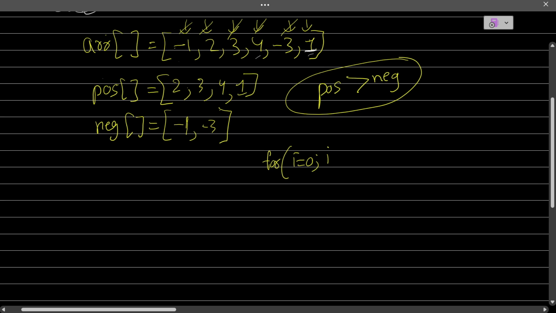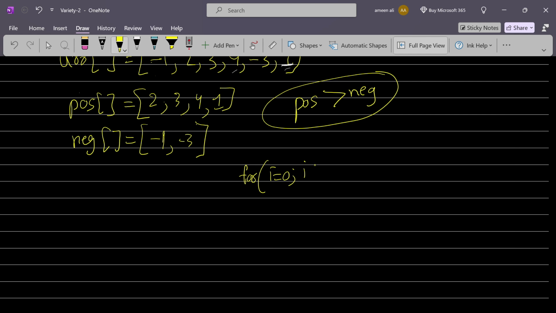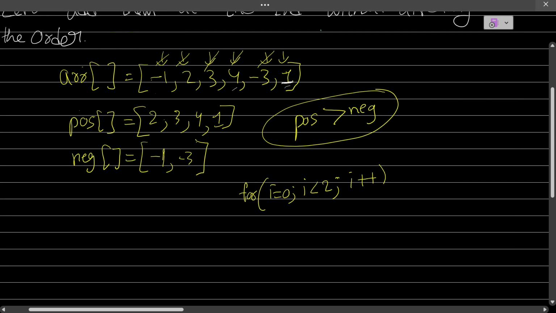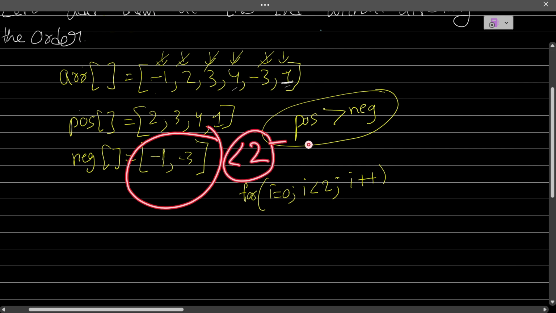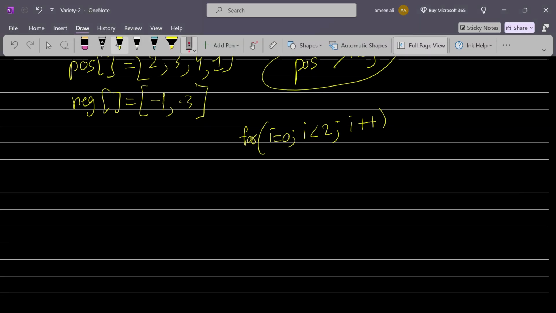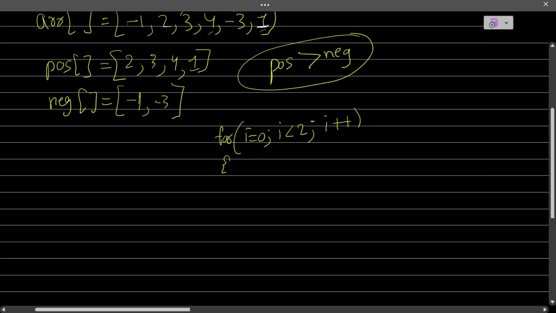Okay, I say for i equals 0 and i less than 2. Why i less than 2? Because there are smaller negative elements, less than 2, right? That's why using 2. Then, as we know, we need to arrange all of the positives first.